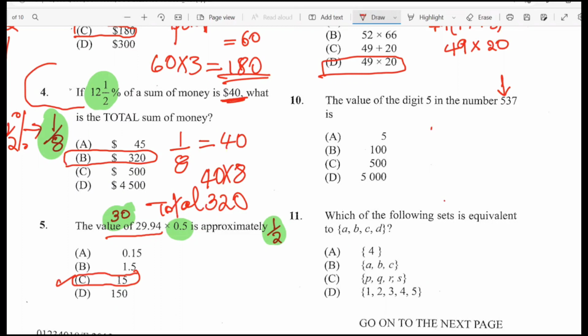So you could say that the 5 is hundreds because you would say 500. So the value of it is actually 500. So if you should read out the figure, you're technically calling out the value of each digit as you try to read the figures.